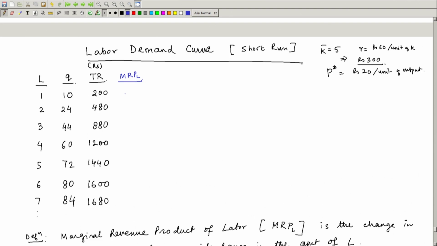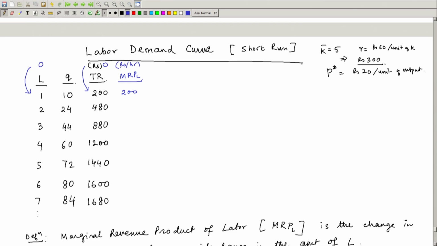Now, for the first unit, the marginal revenue product of labor is just 200. Essentially when I did not hire any labor, perhaps the revenue was 0. So, when we added the first labor unit, the revenue increased from 0 to 200. So, the marginal revenue product or the change in revenue is 200 minus 0, which is equal to rupees 200. So, this is rupees per hour. Okay.